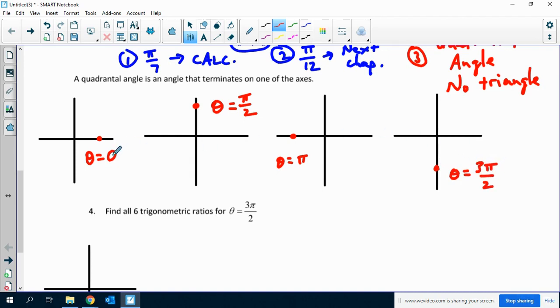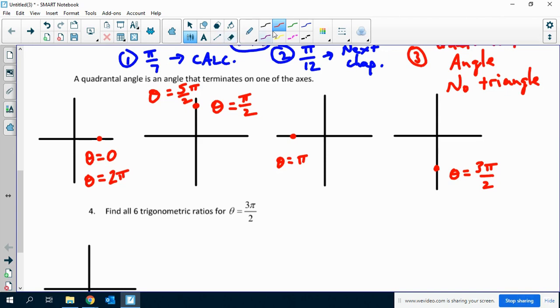Now I can do all of these in terms of degrees: 0, 90, 180, 270. And then notice that I can use all coterminal angles for this also. So I can say that this one's also 2 pi. I can say that the pi over 2 is also 5 pi over 2, and so on. So I can also use the coterminal angles in order to figure it out. I could go in a consistent pattern here.